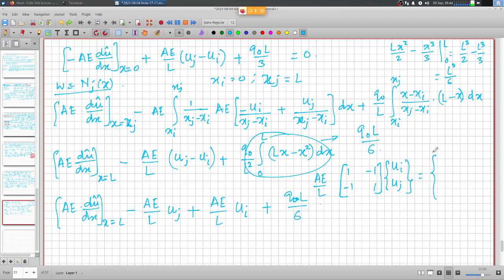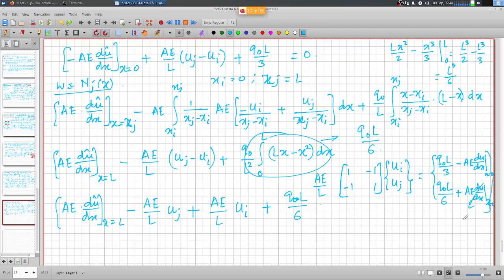First equation Q naught L by 3, second equation Q naught L by 6, plus there is this minus AE du by dx at x is equal to 0, and here it is plus AE du by dx at x is equal to L.